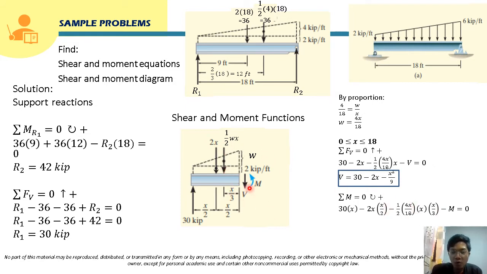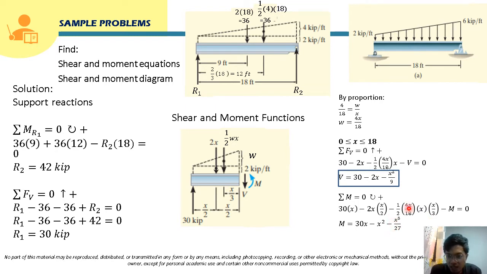Now for the internal moment, this is counterclockwise, so this will be negative here. Solving for the internal moment, this is 30x, and then this will be x squared, since the 2 will be cancelled. And then here, this is 1 times 4 over 2 times 18 times 3, so that is 1 over 27.